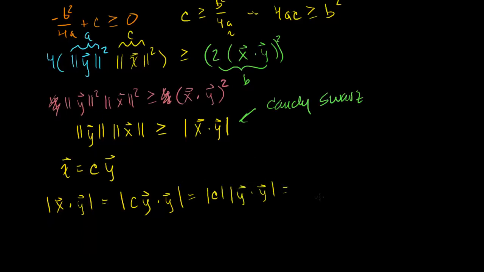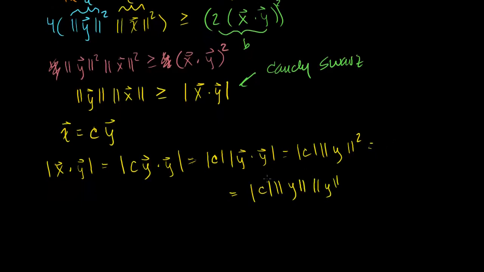Well, this is just equal to c times the length of y squared. Well, that is just equal to the absolute value of our scalar c times the length of y times the length of y. Well, this right here, I can rewrite this.